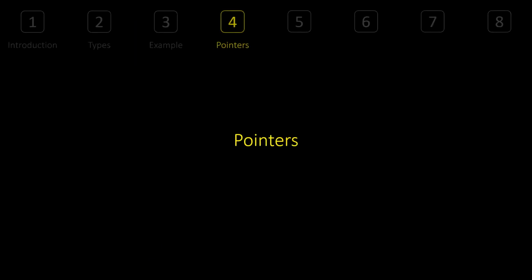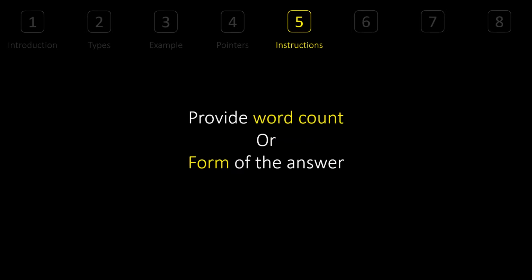Good. Now let's look at the tips or tricks which will help you find the answers easily. The first one is that instructions are important. In our case, we have options, so you should see what kind of answers to provide: should it be option A, B, C, or should it be a word count?